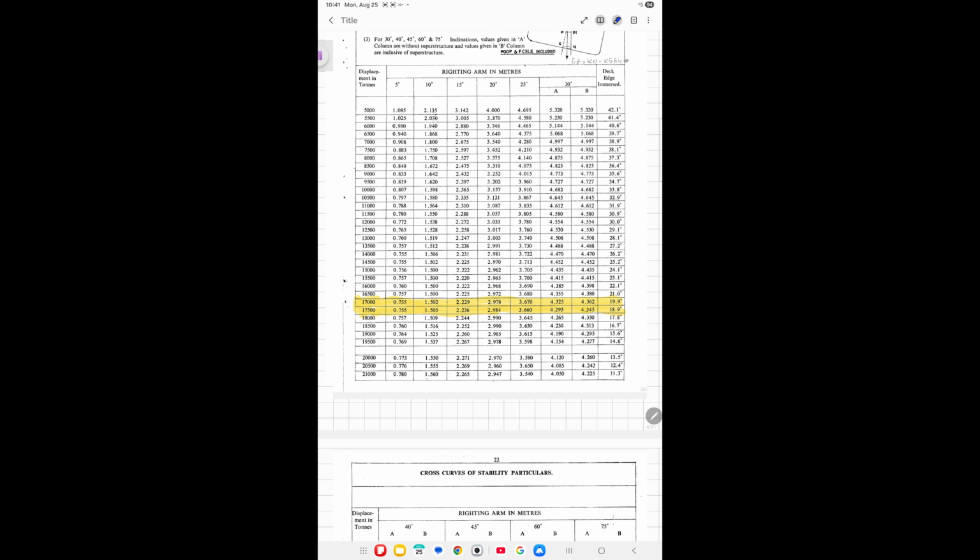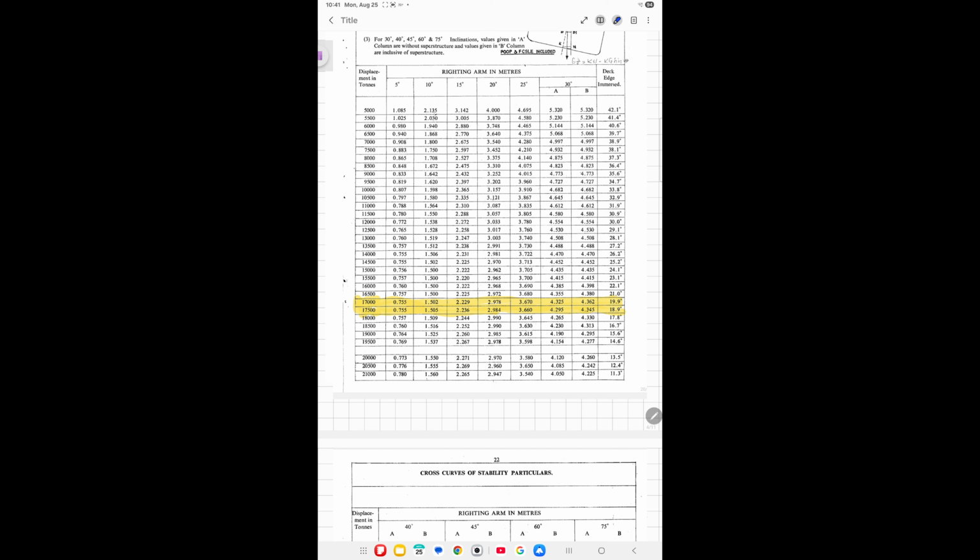You need to take B as given here on the top, that the values given in column B are inclusive of superstructure. So we need the values with superstructure. So use column B for 30 degrees onwards. Also, you can see at what angle deck edge is immersing. That's also given here, about 19 degrees.